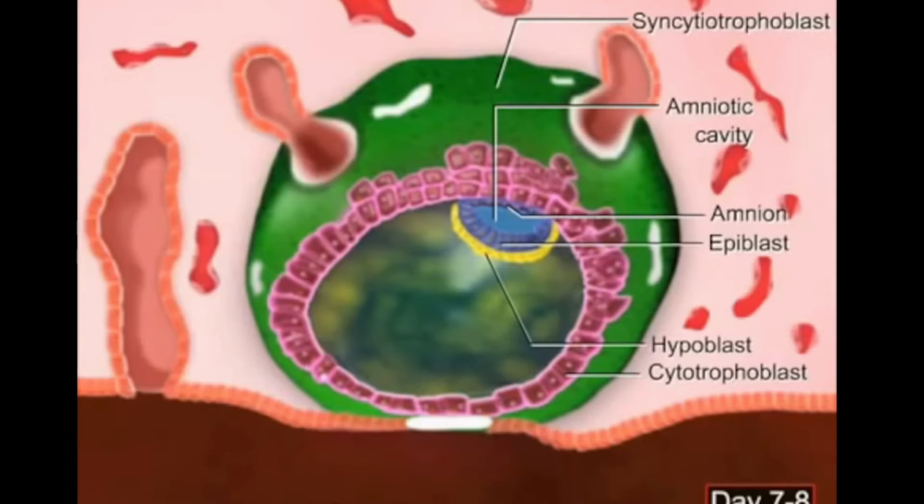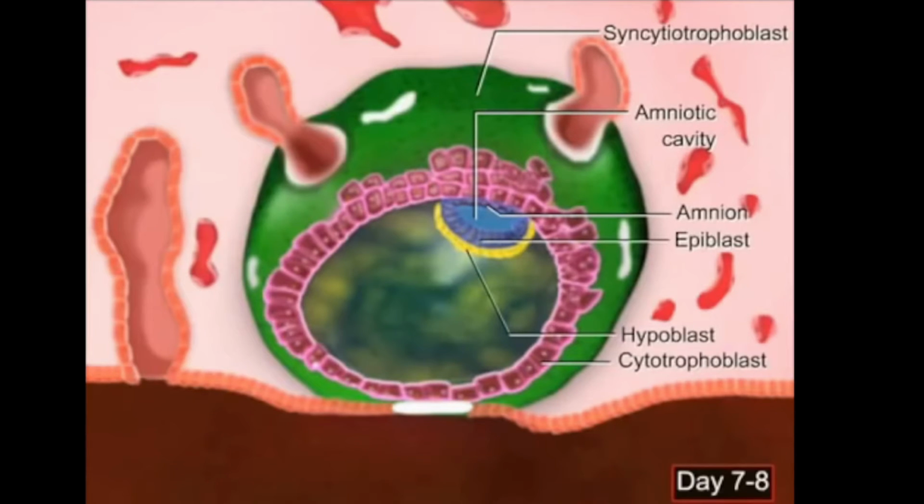The blastocele cavity is now known as the primary yolk sac, which has a roof formed by the hypoblast and a floor formed by the cytotrophoblast, at day 7 to 8.